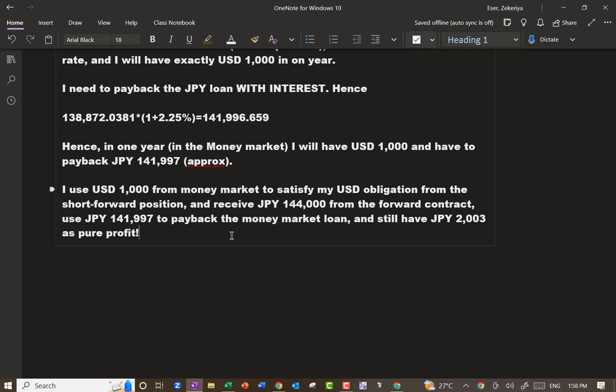Again, if it's 138, dollar is more expensive in the money market, which means you need to short it there and you need to go long on the forward. If you repeat a similar set of transactions, you're going to see that you will make money. But I'm going to give you homework assignments, not today, but after next Monday, to make such calculations.